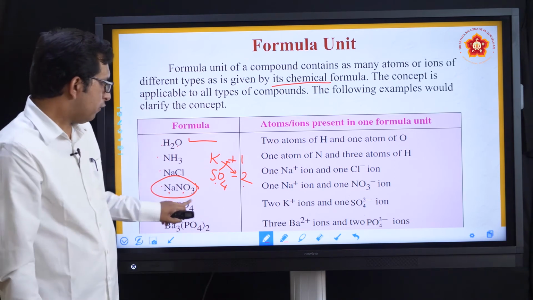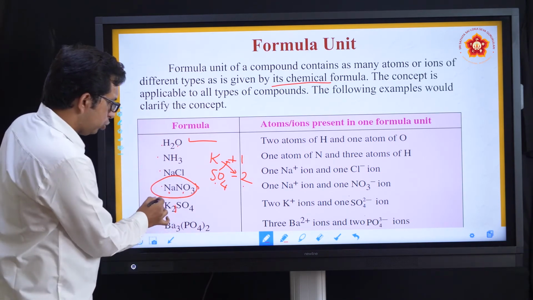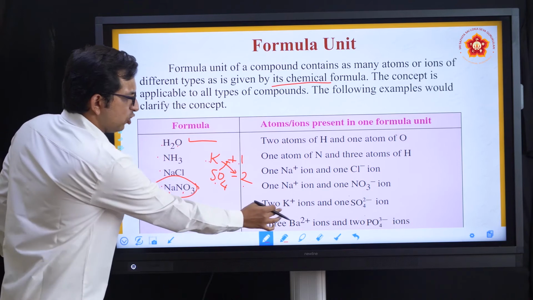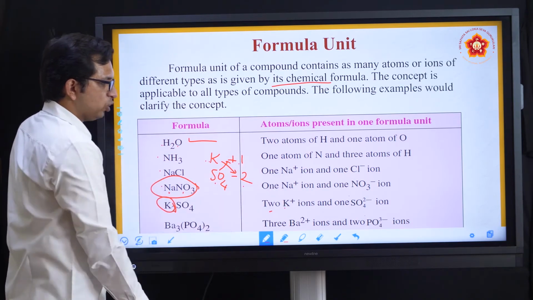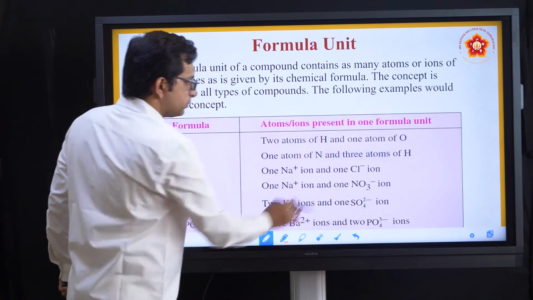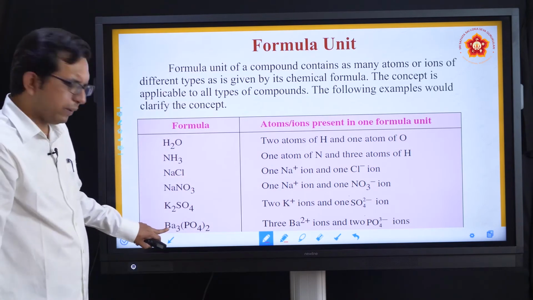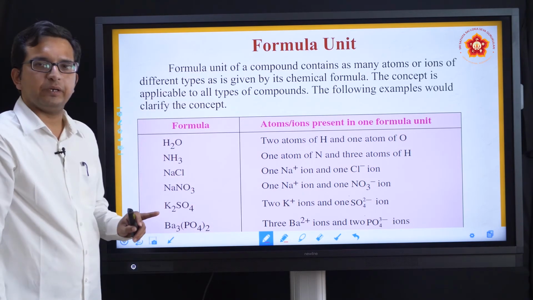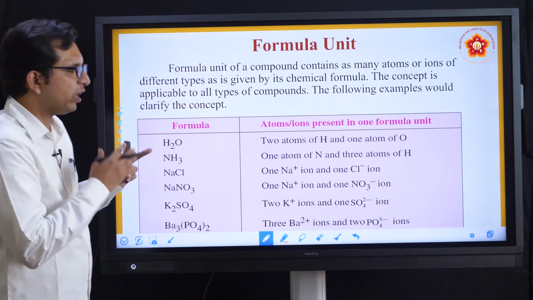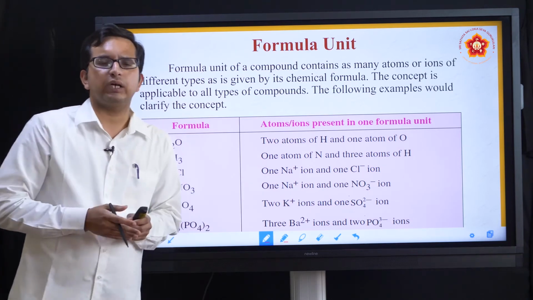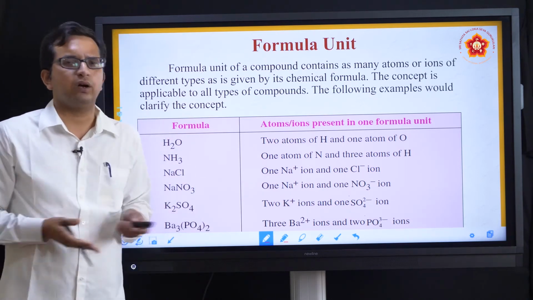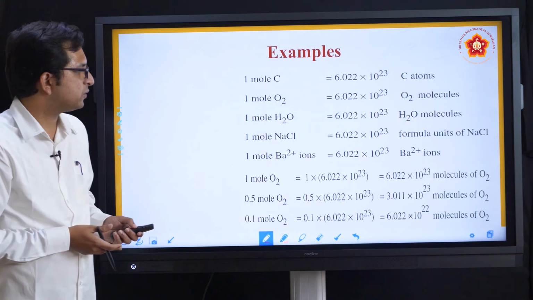So therefore we find that it has in total 2 potassium ions of +1 charge and 1 SO4 2 minus ion. In the same way, 3 barium ions and 2 phosphate ions. So this is how various compounds combine together to form a large number of atoms and molecules.